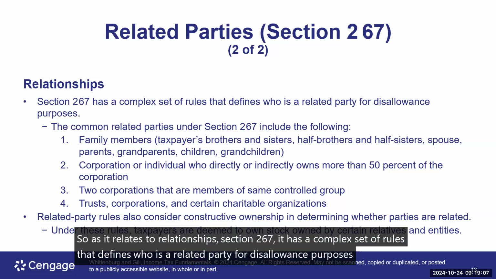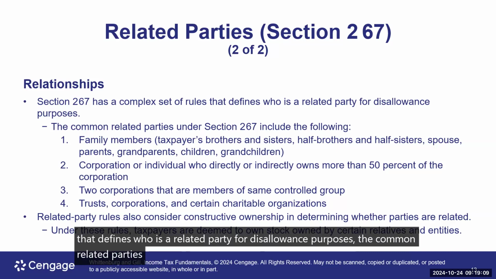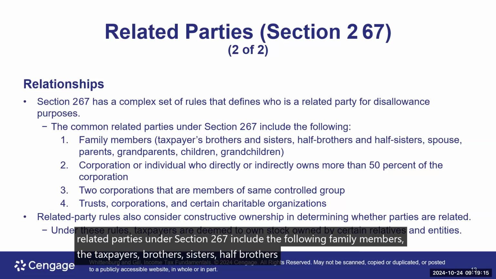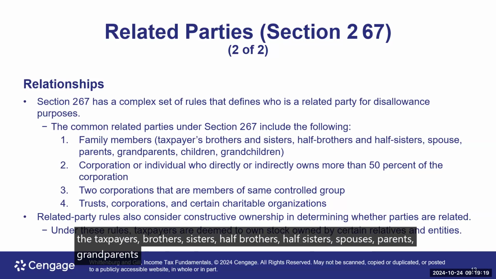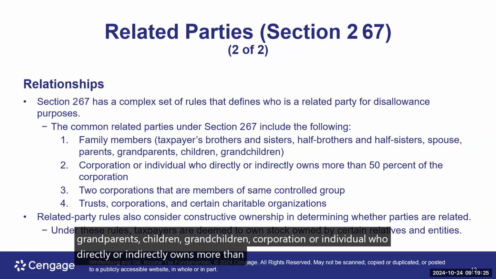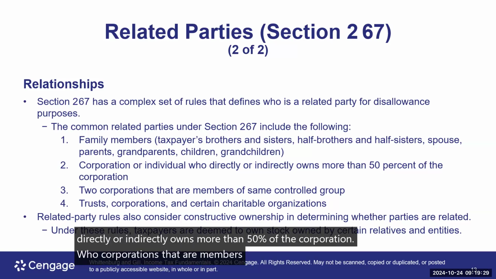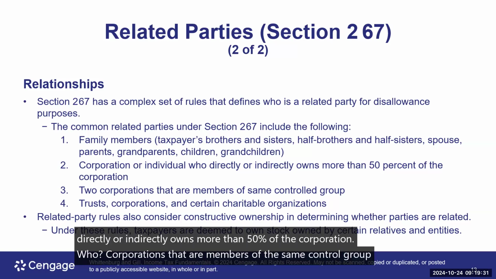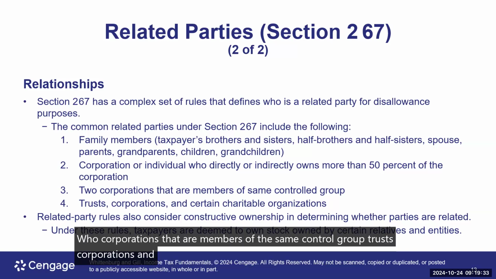The common related parties under Section 267 include the following: family members, the taxpayer's brothers, sisters, half-brothers, half-sisters, spouses, parents, grandparents, children, grandchildren, a corporation and an individual who directly or indirectly owns more than 50% of the corporation, two corporations that are members of the same control group, trusts, corporations, and certain charitable organizations.